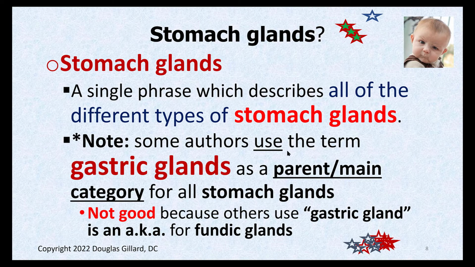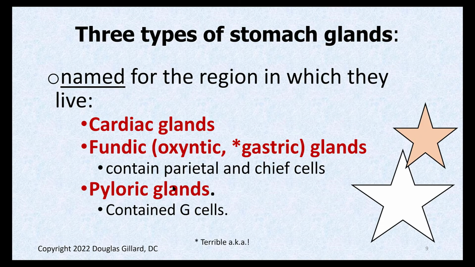Some authors use gastric glands as the main category and not stomach glands. Why isn't that a good idea? Because some authors use the term gastric gland as an AKA for the fundic glands or oxyntic glands. So that's not a great general term for the 3 types of stomach glands.